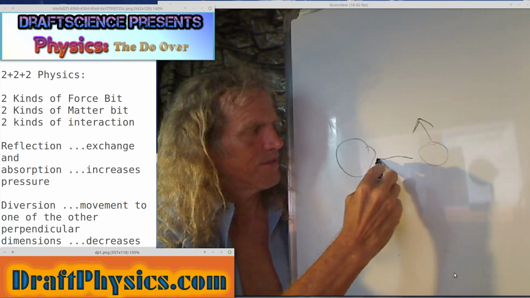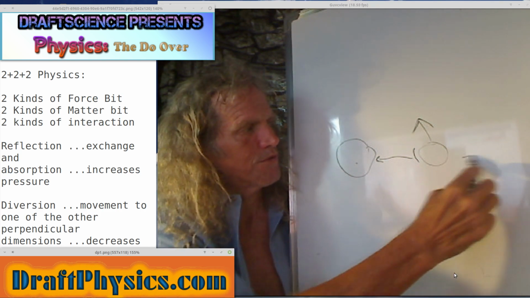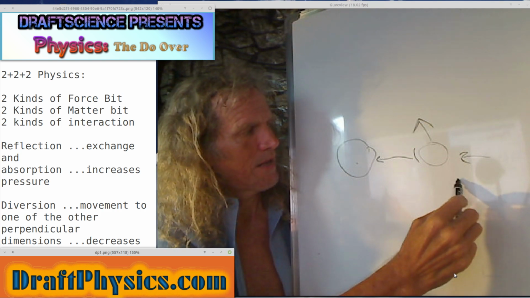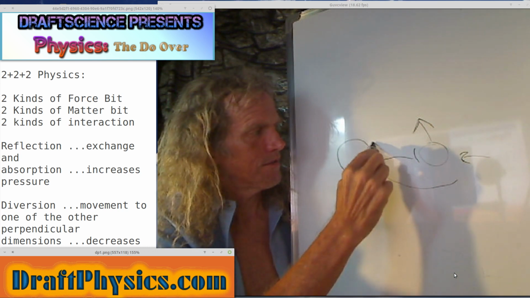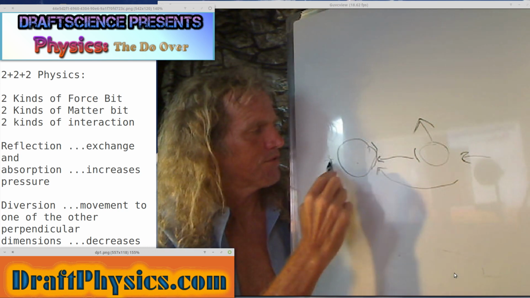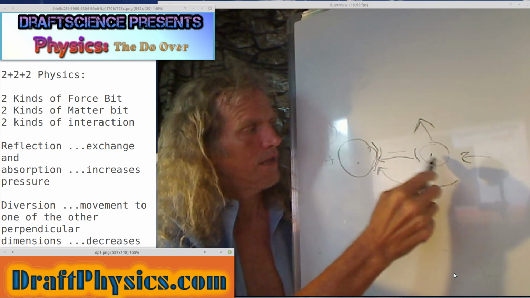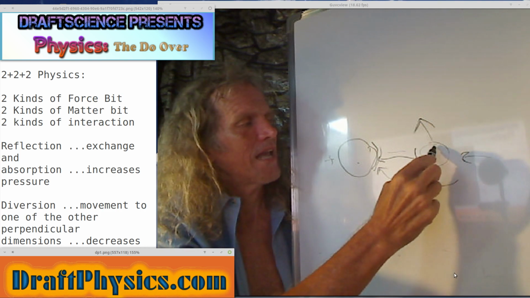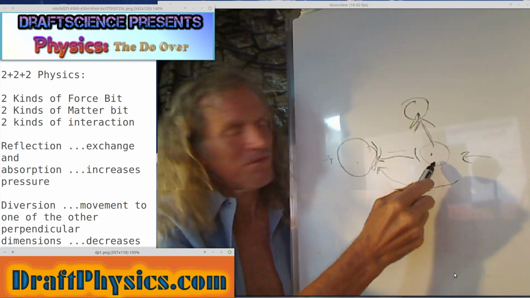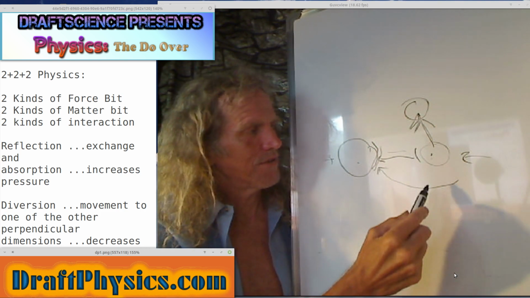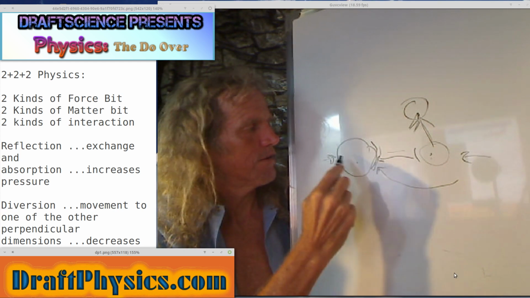By the time this object knew that this object moved towards it, which means it absorbed a force here, it would have to wait to know, oh, the force didn't hit me, and it would take time for it to be affected by the force here and move towards this one, and then it would take time for this object to know, hey, that thing moved towards me, and by the time all that happened, this would be over here, and so whatever gravity would be created, it would be in the wrong location.